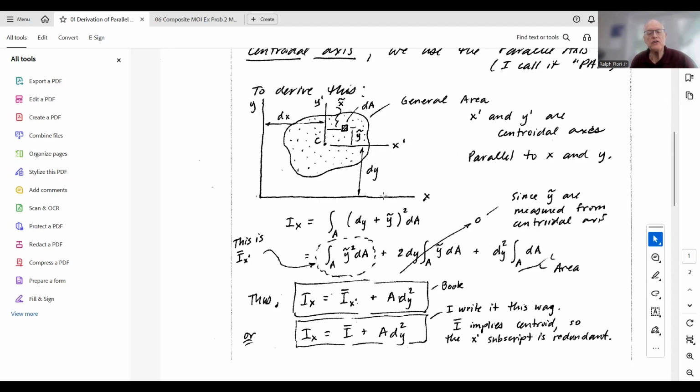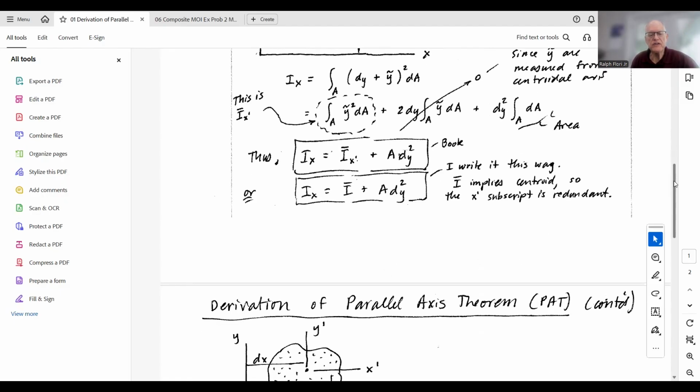So finally, what you get is that the area moment of inertia about the x-axis is equal to the moment of inertia around the x prime axis, in other words the centroidal I, plus the area times d squared. And that's about the x-axis. If you did the same thing about the y-axis, you would get Iy is equal to I bar y prime plus A dx squared.